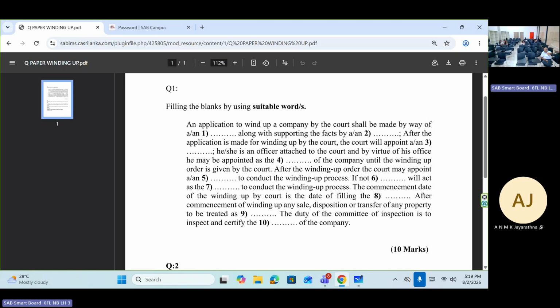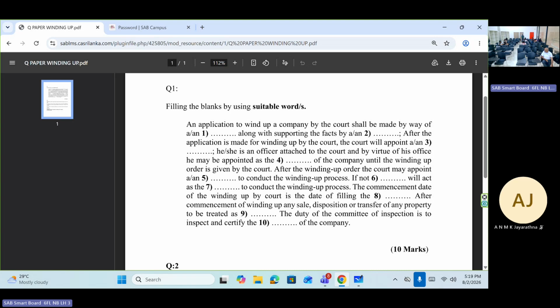Number 7 should be liquidator. So if the liquidator is not appointed, who will act as the liquidator? The provisional liquidator, or we can say official receiver. Number 6, official receiver. If not, the official receiver will act as the liquidator. Number 7, liquidator, to conduct the winding up process.